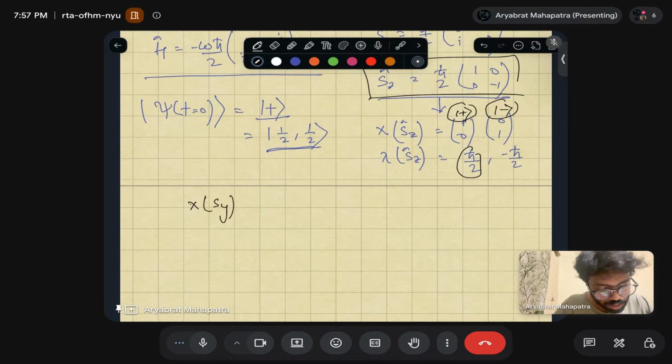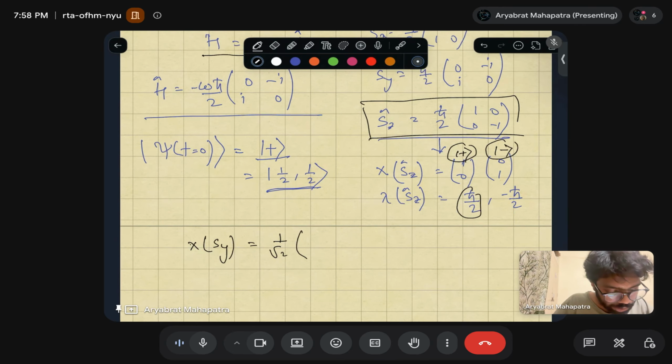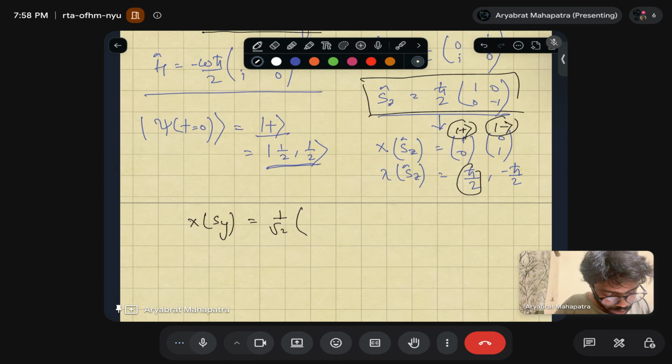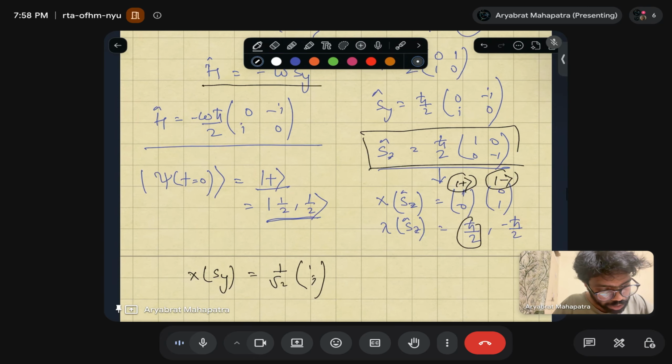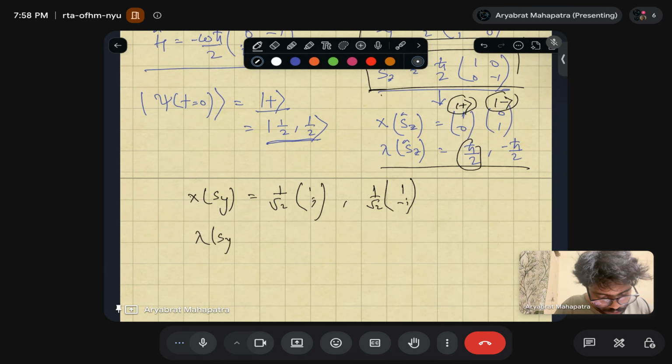It will be 1 over square root 2. You just have to calculate how you calculate the eigenvectors of a 2 by 2 matrix. Simply you do that, and you will get 1 and minus i for this matrix Sy. If you do it for Sy, one you will get 1 by root 2 (1, i), and the other you will get 1 by square root 2 (1, minus i), and correspondingly you will have the eigenvalues h bar by 2 and minus h bar by 2.